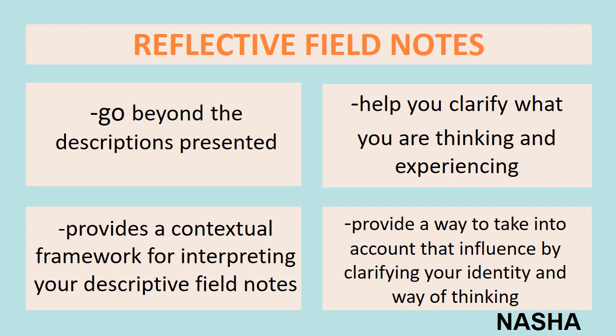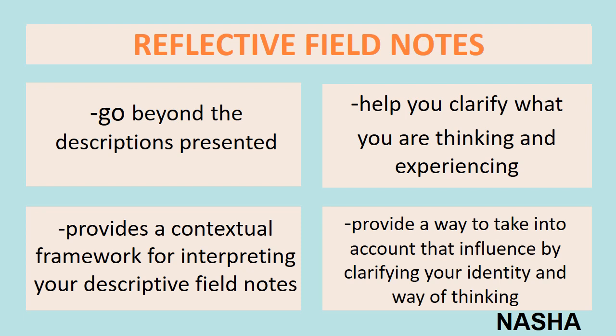Next, all field notes must necessarily reflect the influence of the inquirer who created them. Reflective notes will provide a way to take into account that influence by clarifying who you are, how you think, where your ideas came from, and so on.